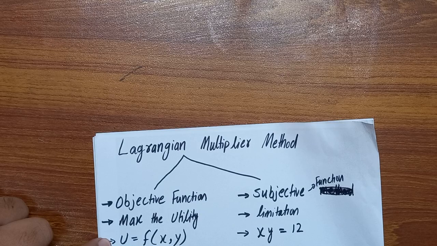Utility will increase by increasing x and y, but we have some limit: x and y should not exceed 12. So here we have a limit. The limit portion is called the subjective function, and when there is no limit, it's called the objective function.